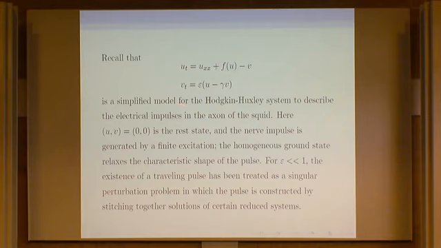And that's quite a well-known result, and Hodgkin and Huxley actually made a very good contribution to this. People try to understand the nerve impulse. So basically, it's generated by a finite excitation.